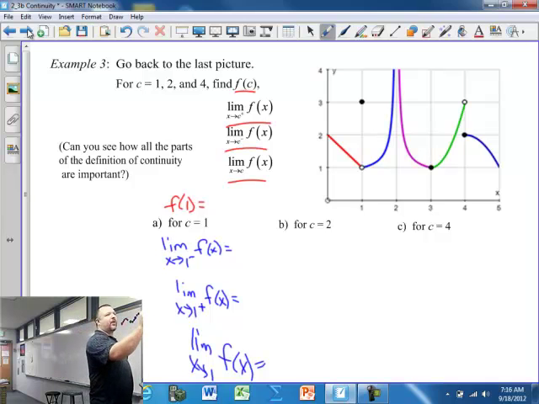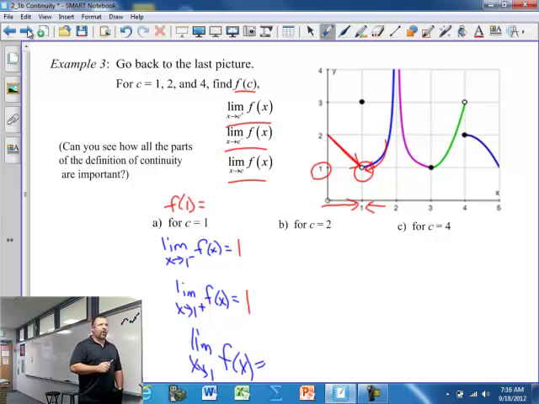All right, the limit as x approaches 1 from the left side. As I go to 1 from the left, my function values are getting closer to 1 on the y-axis. As I approach 1 from the right side, my y values are approaching 1 on the y-axis. That means if the left and right limits are the same, the function value approaches 1 as x approaches 1 for both sides.